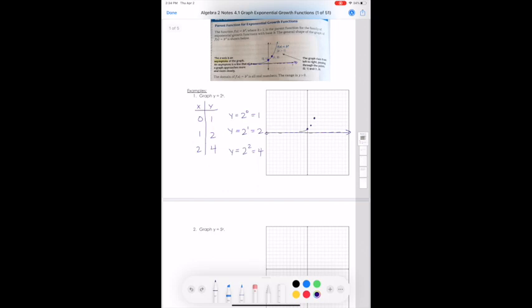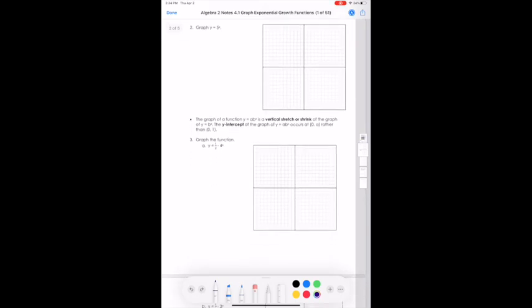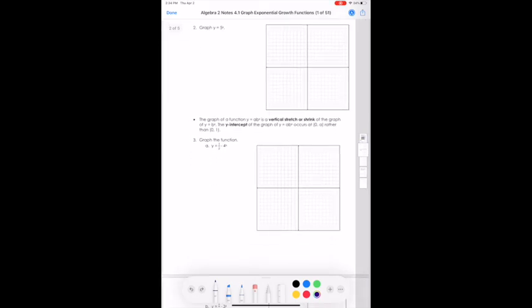Alright, and then we'll graph with those 3 points. So again, I chose the points 0, 1, and 2 for x because they're right in the middle of the graph and they're the easiest to plug in to find your y values. So we're going to do the exact same thing for number 2, and plug in 0, 1, and 2 into y equals 5 to the power of x.